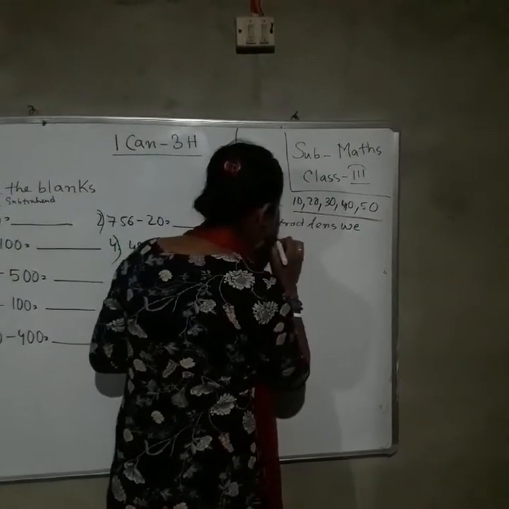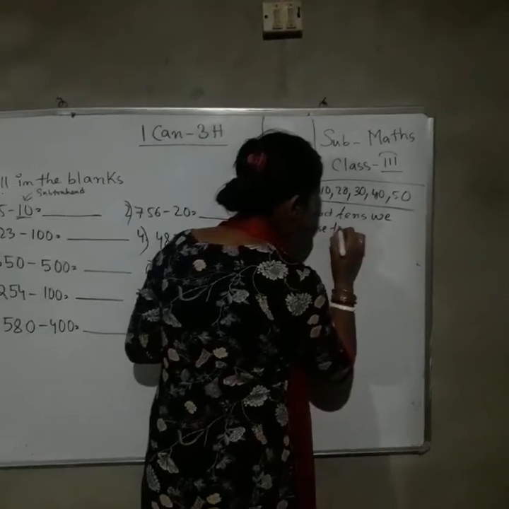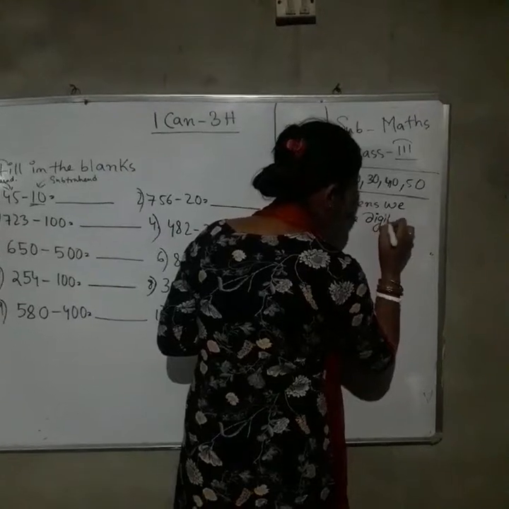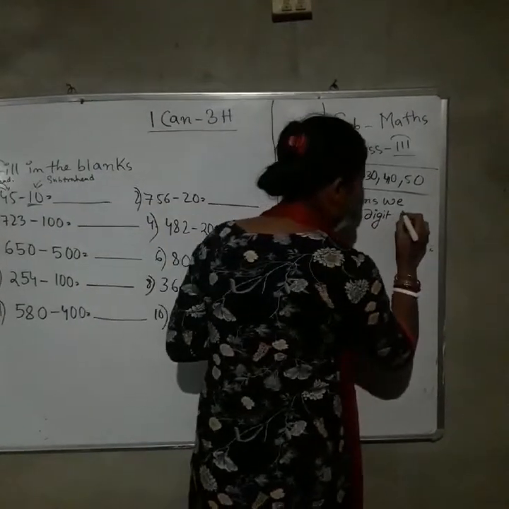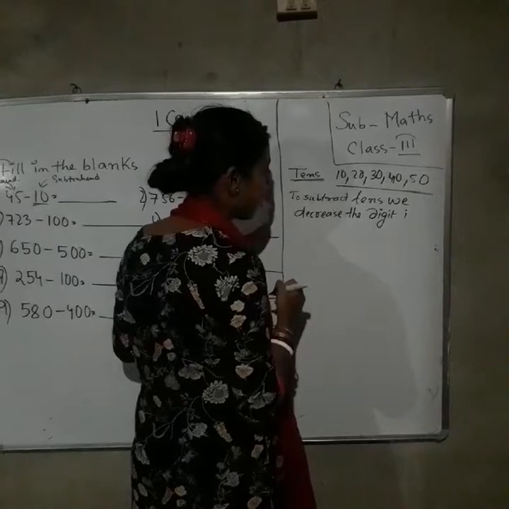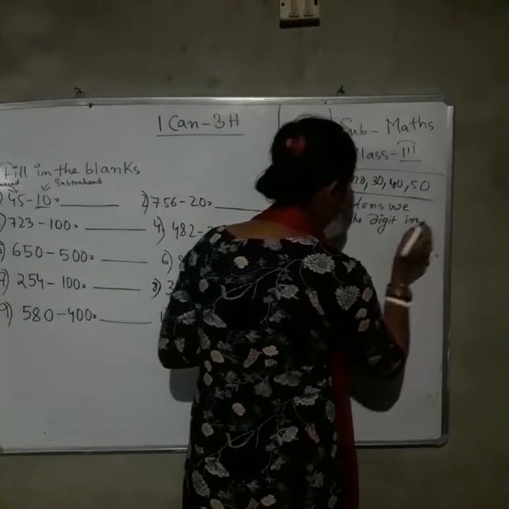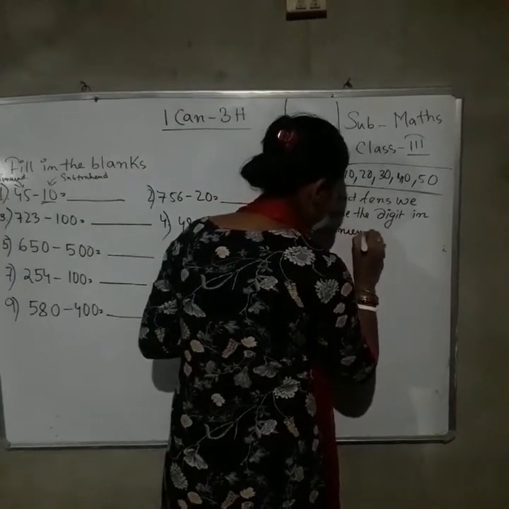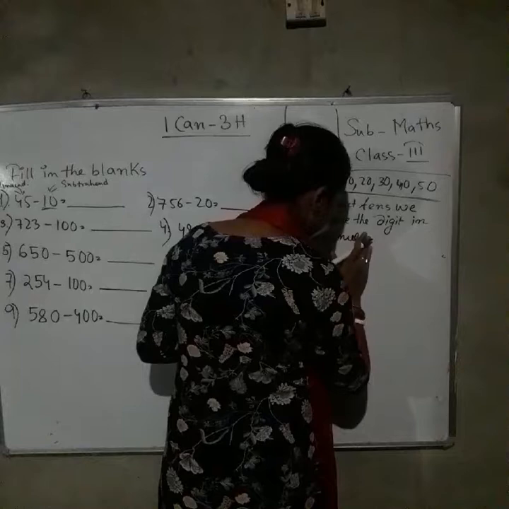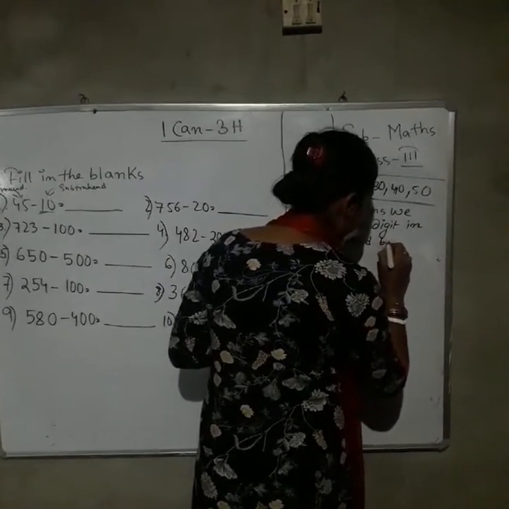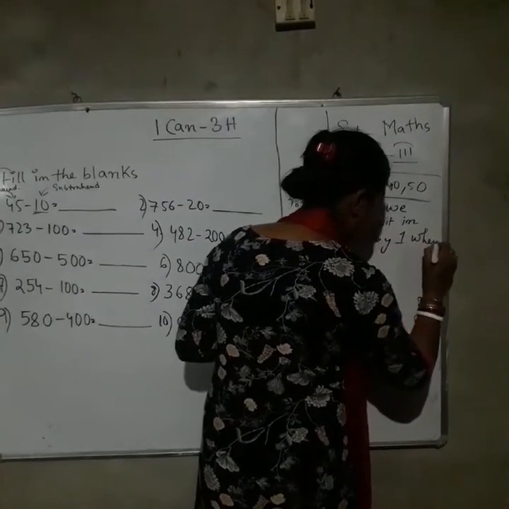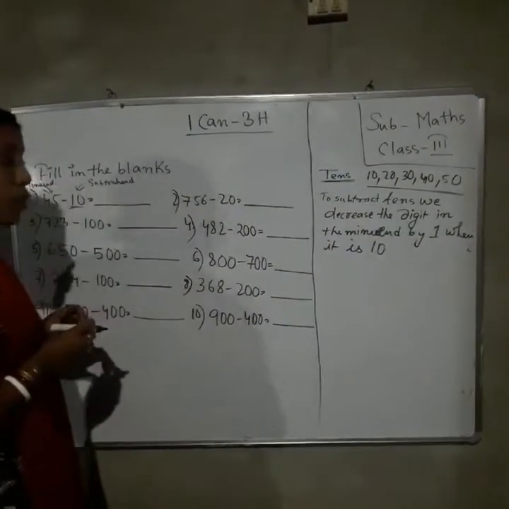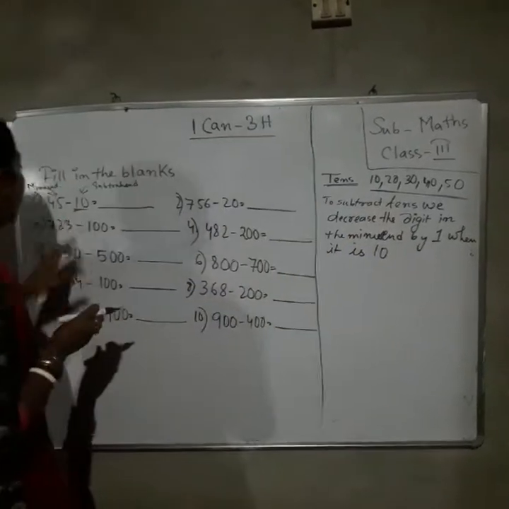We decrease the digit in the minuend by 1 when it is 10.